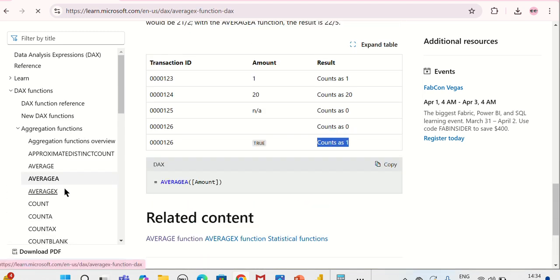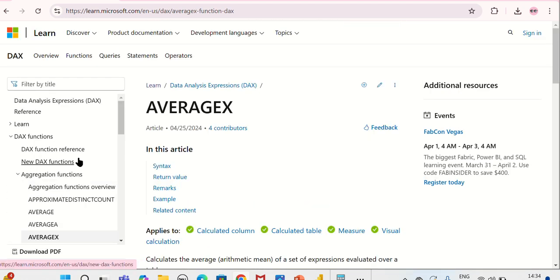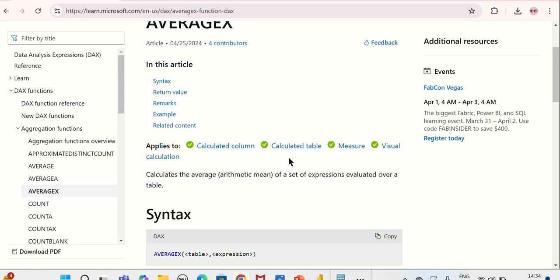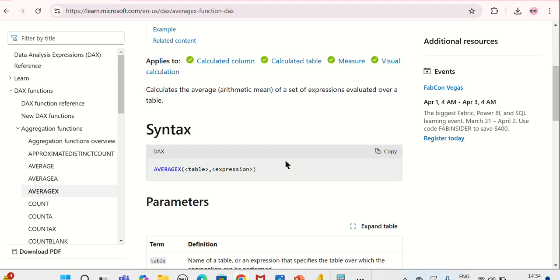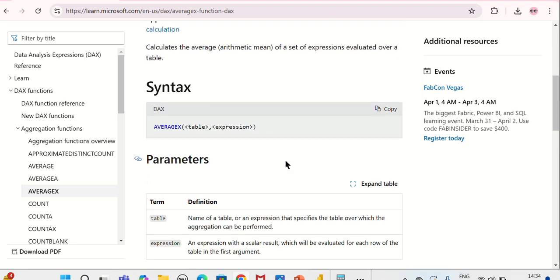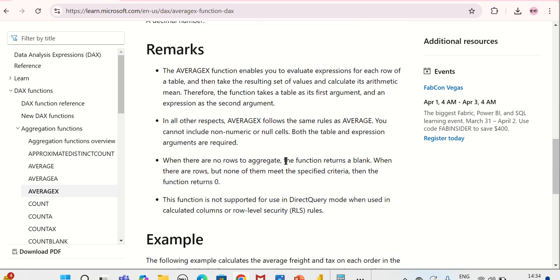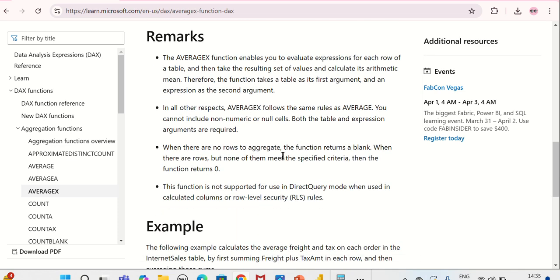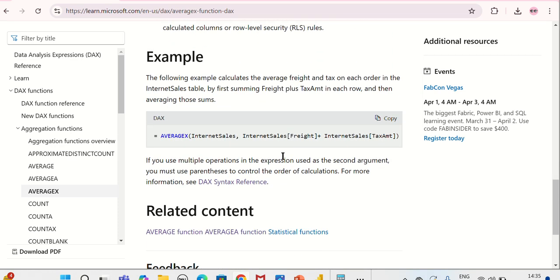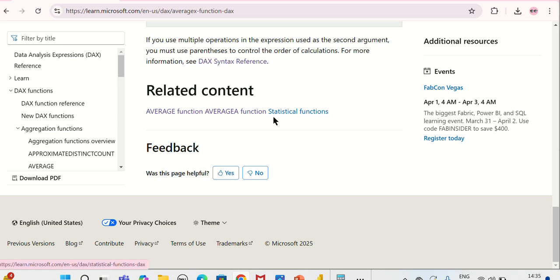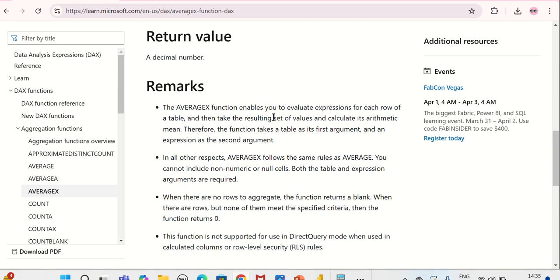Now AVERAGEX is quite different compared to AVERAGE and AVERAGEA. In AVERAGEX, it does row-by-row calculation, and it will consider if any row is zero or null. It is totally different from AVERAGE and AVERAGEA.